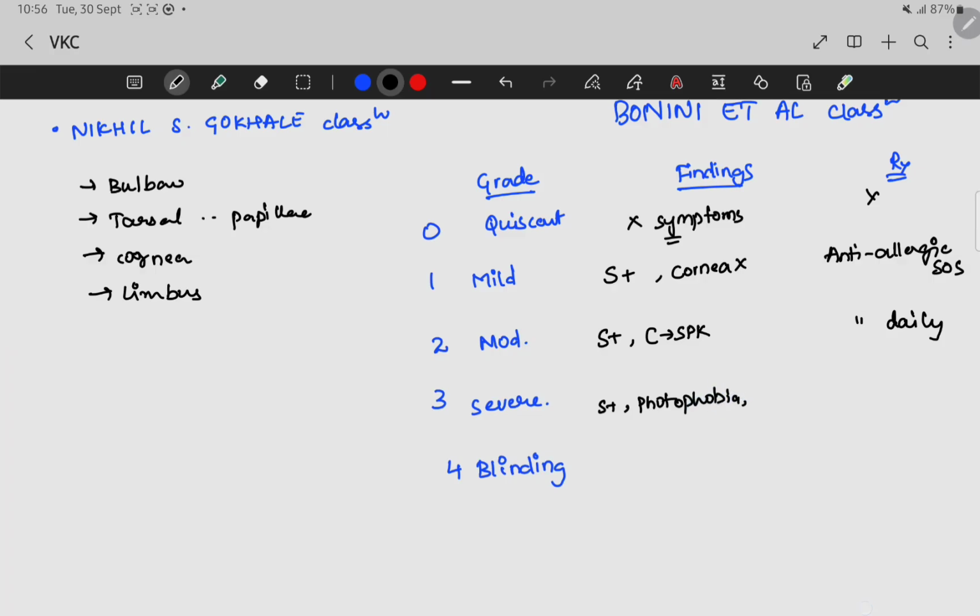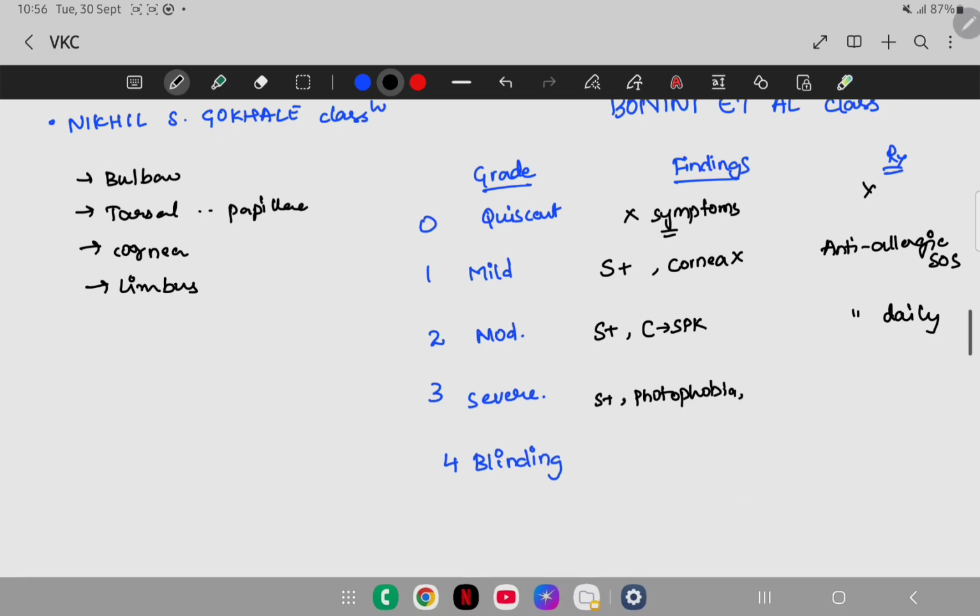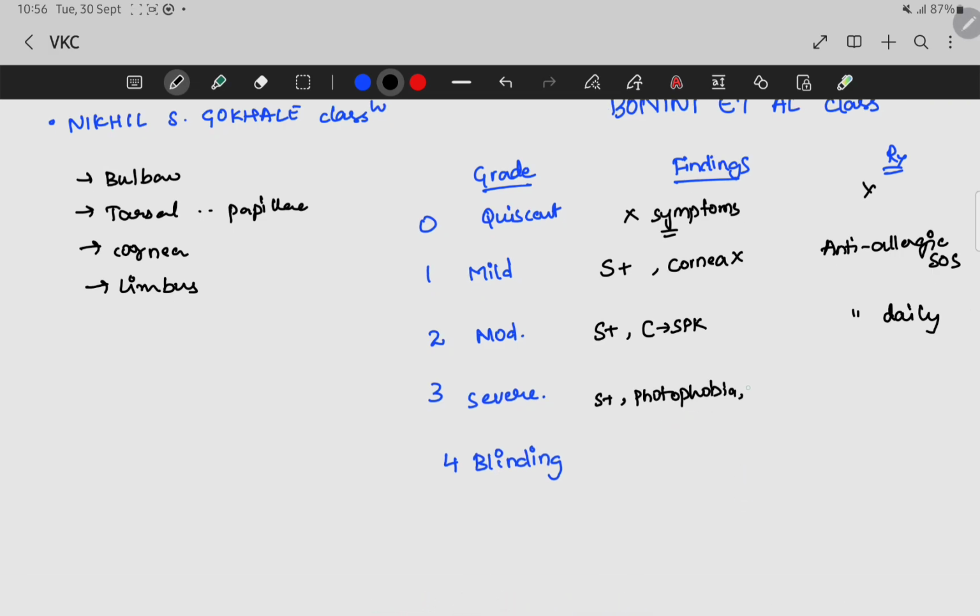In the severe stage, there are symptoms like photophobia due to those SPKs and the corneal involvement, and the limbal involvement is more than 6 clock hours. There is limbal inflammation, right? In moderate cases, the limbal involvement can be less than 6 clock hours.